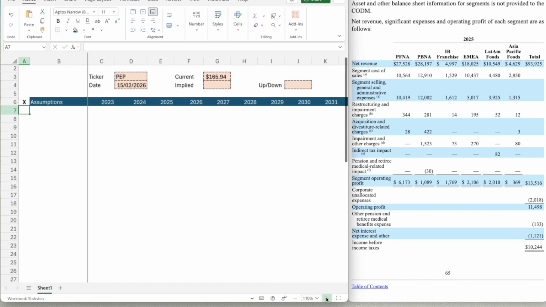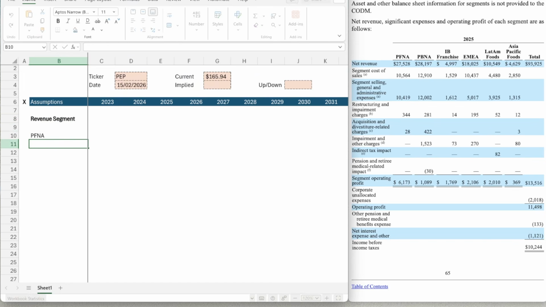I can zoom in slightly. The revenue segments are just going to be these here: PFNA, Pepsi Foods North America, PBNA, IB Franchise, EMEA, LATAM, Foods, Asia Pacific.